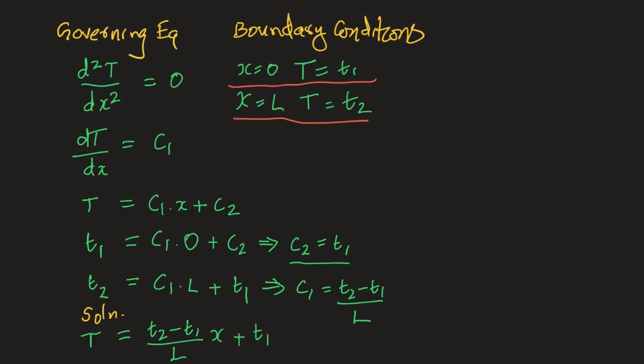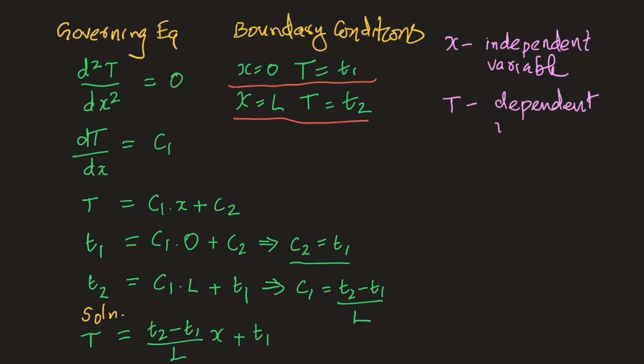So to summarize the basic terms, we have seen that x is known as the independent variable, T is the dependent variable, next the governing equation, and governing equation is a differential equation, then the boundary conditions.